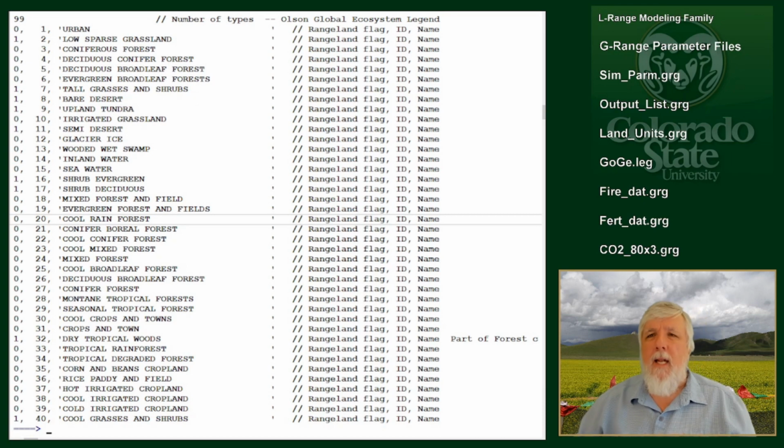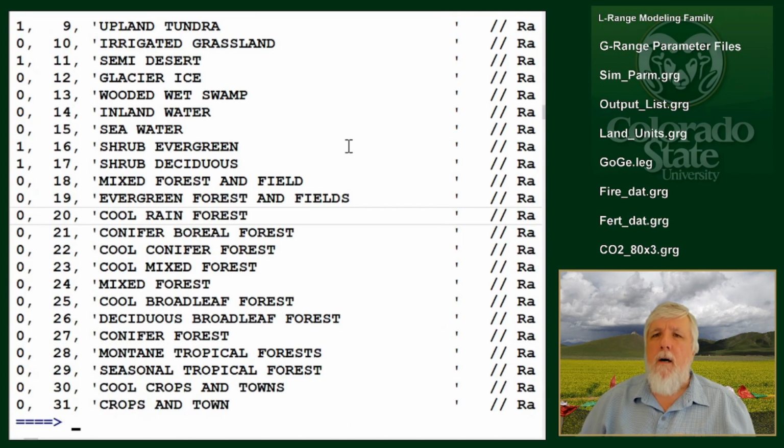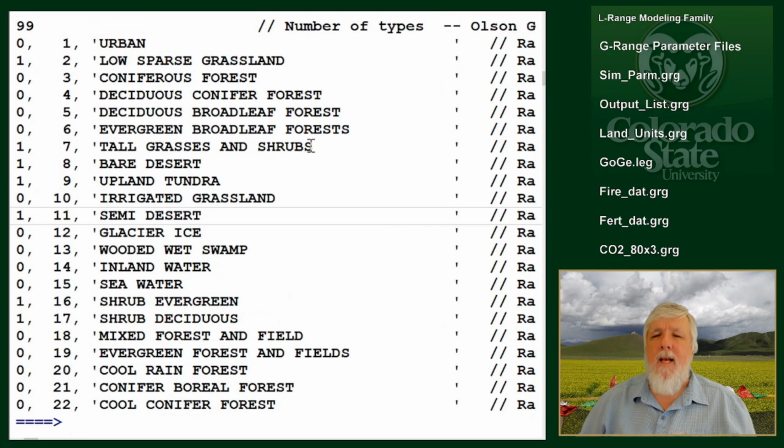And you can see again that in this case, we have a column at the beginning of the file filled with zeros and ones, and it allows me to turn on and off simulation of whatever land cover type I might wish. For example, I didn't want to simulate urban in G-Range, and so I turned it off by putting a 0 there.